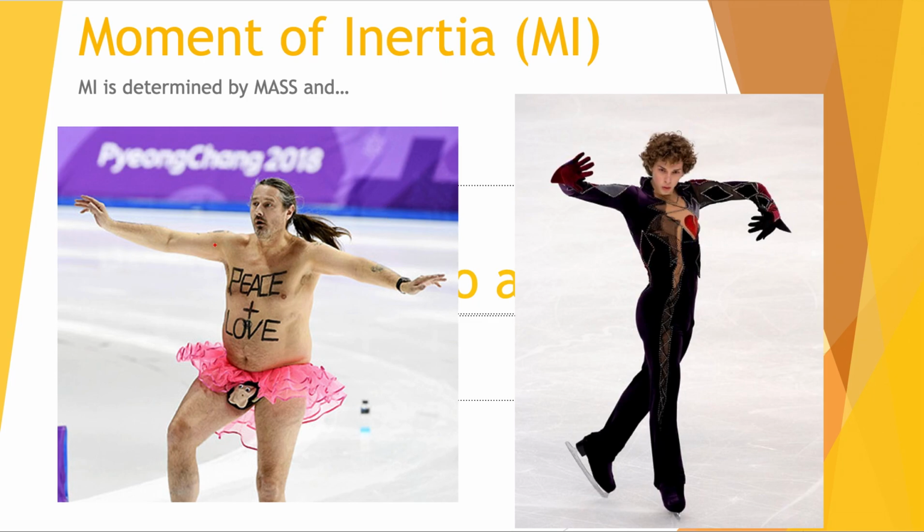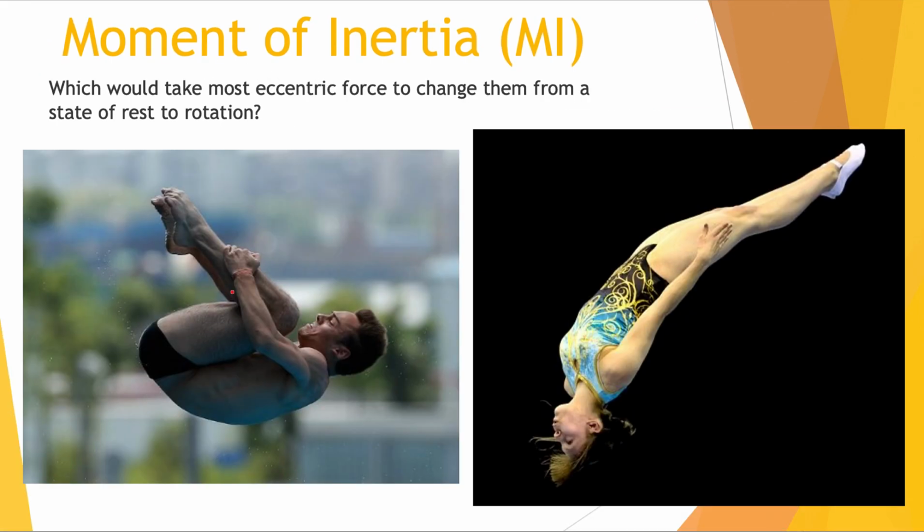I think we would all guess that this one would be the easiest. So this person has the largest moment of inertia, and that's because of their mass. This person has a smaller moment of inertia, again, because they have a small mass. So it's easier to make this person start to rotate than this person. We require a smaller eccentric force.